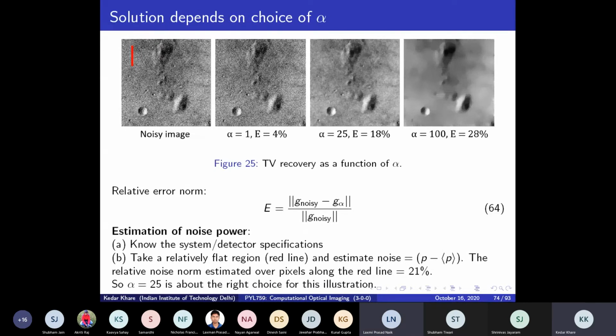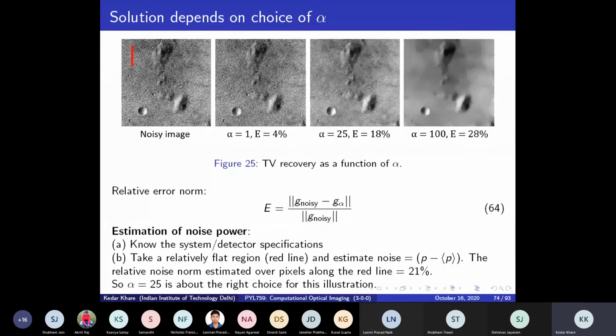Meaning these are just practical ways in which you can handle situations in real life. Suppose I'm given this noisy image and I have to denoise it. I don't know much about what the hardware was. Then I still have to do something, and this could be a workaround.